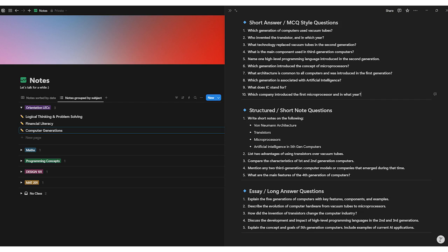Fourth generation used microprocessors, and the time period is 1971 to the present.